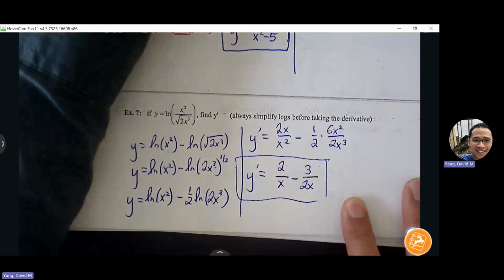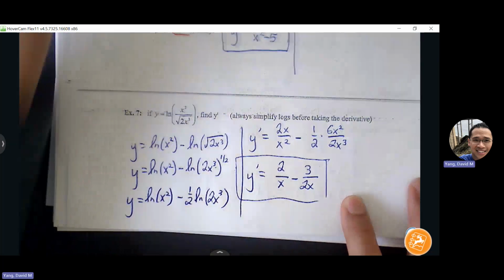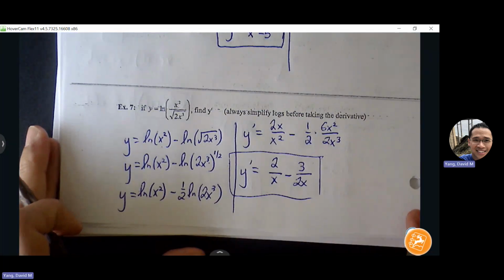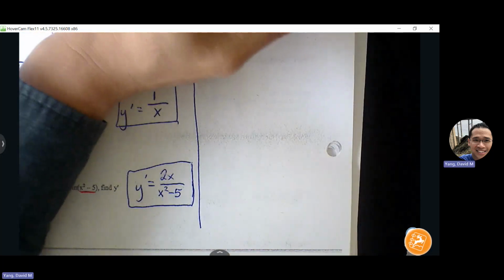Okay, we're going to revisit a lot of rules that we've seen back when we did the derivative unit. So if you guys can, hopefully you didn't take all the space for 5 and 6. I'm going to call this example 8 here on the same page.